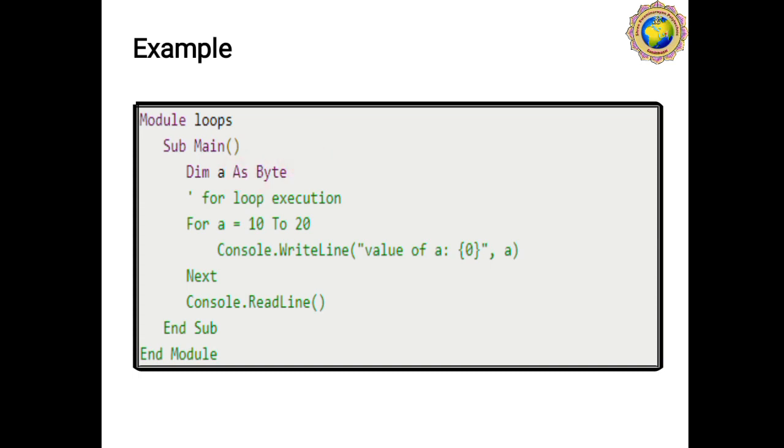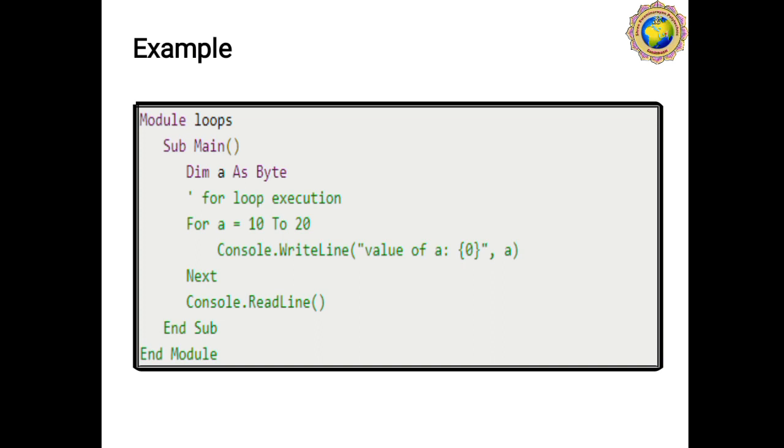Then use our for loop, so give the condition for a equals 10 to 20. Then give the output using the statement console.writeLine, value of a, and call the variable a, then next console.readline, end sub and end module. So this is our concept of the for next loop.